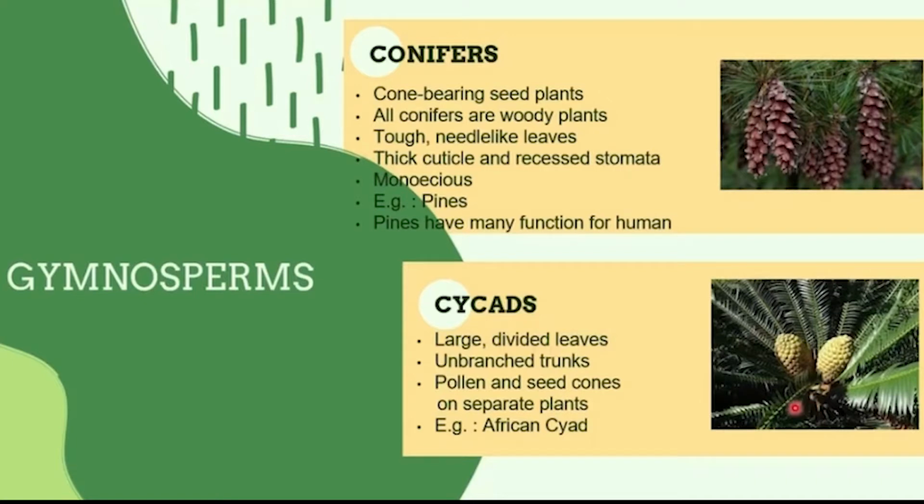For their reproduction, cycads are a bit different from conifers. Like I said before, conifers can have both male and female reproductive structures in one plant, but for cycads, the pollen that will produce male gametes and the seed cones that contain ovules are on different cycad plants.